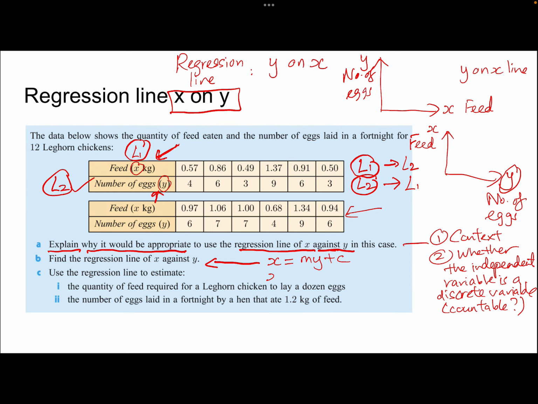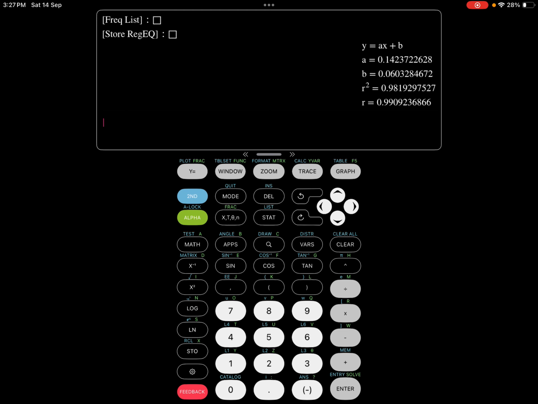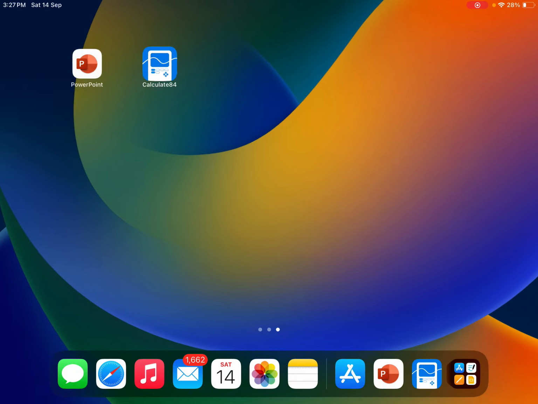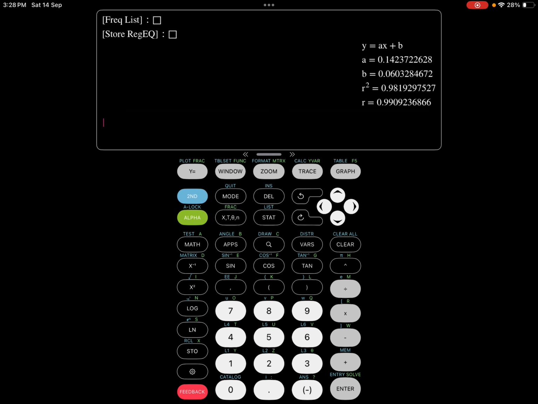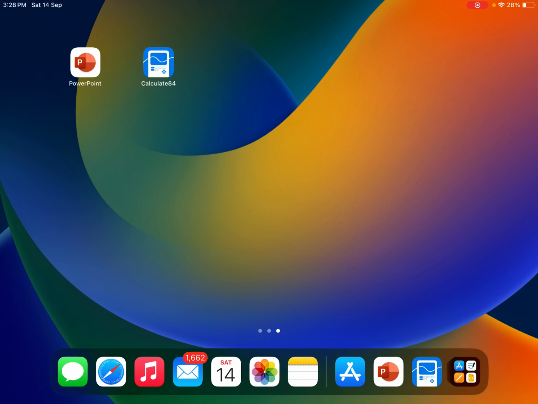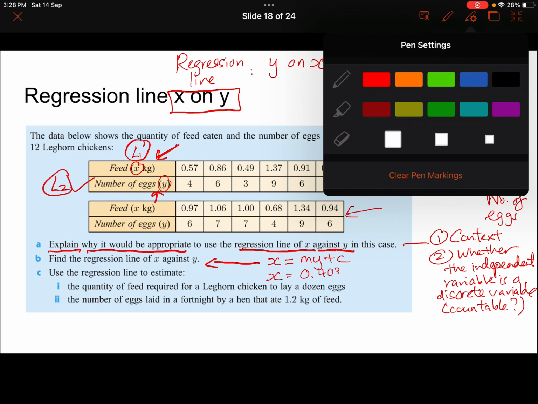So again, we know what the gradient was earlier, which was 0.142, isn't it? And 0.0603 for the A and B. Wait a minute, my memory is failing me. 0.142 and 0.0603. Okay, alright, 0.142.